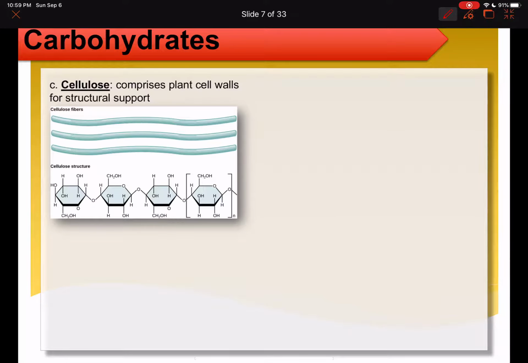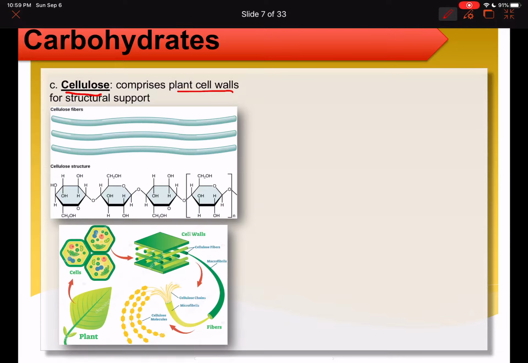All right, so a third specific type of polysaccharide is called cellulose, and those come from plant cell walls. This one is pretty straightforward. Cellulose for plant cell walls, and if we zoom into the molecular level, for example, this is a plant, and within the leaf, if we look at their individual cells and zoom in to these green borders we're seeing around the cell, this is what the cell wall looks like.